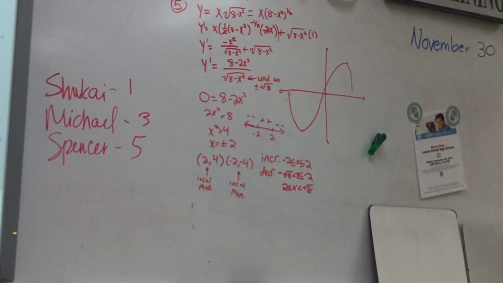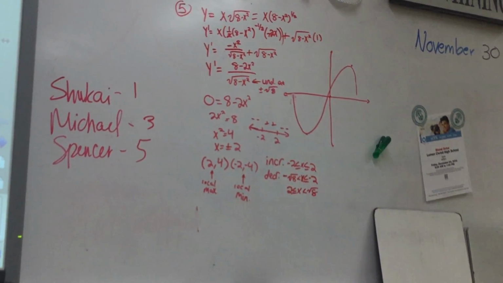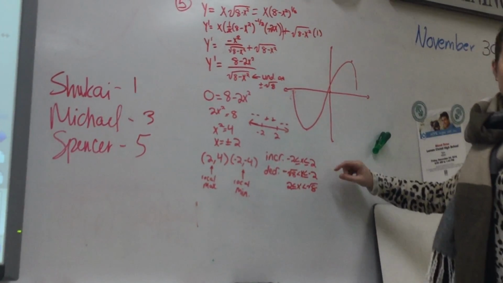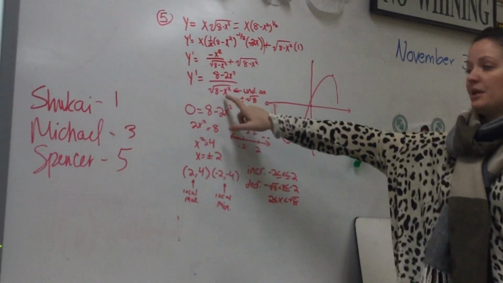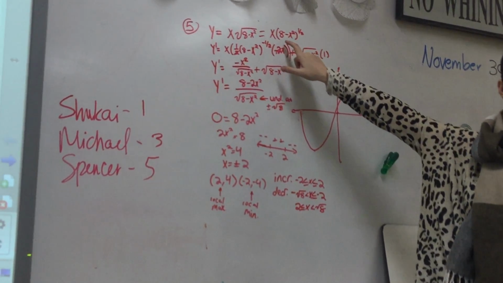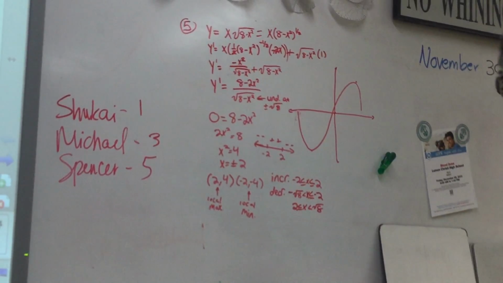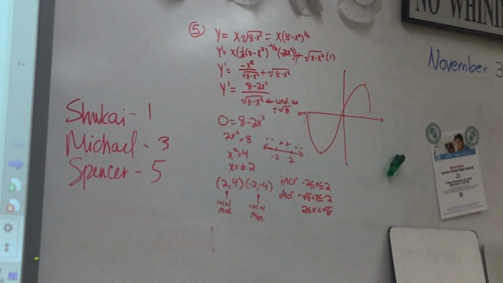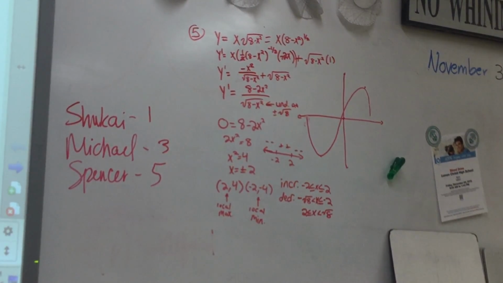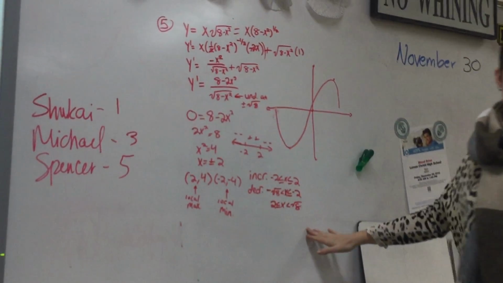But I want to be clear about the reason why it's undefined here. I think maybe I misspoke slightly in a way that matters. It's not because it's undefined here, it's because it's undefined here. For the original function, the range is from negative square root of 8 to square root of 8. So because the range is from negative square root of 8, everything that follows, the concavity, the increasing and decreasing, is still bounded by that same range.